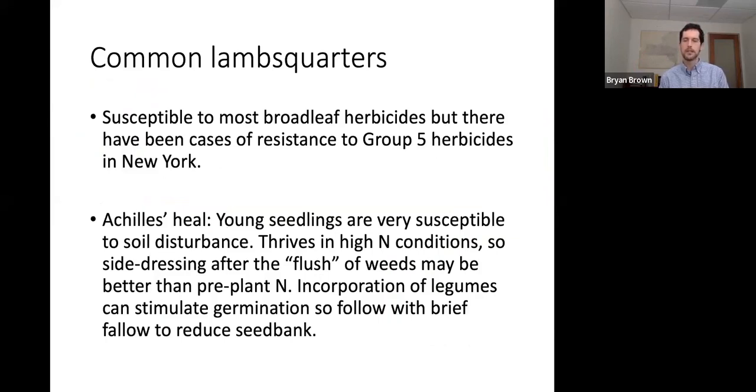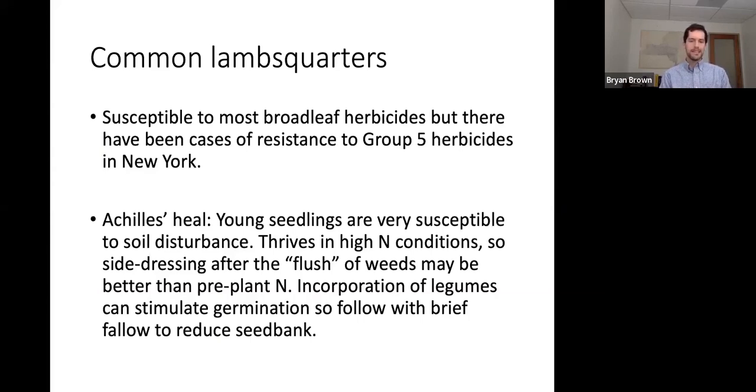I'm going to mention these WSSA numbers quite a bit, and this chart has a lot of the common herbicides and which group number they're in in a really nice color-coded way. So it's a good thing for you to have and maybe even print out and put in the barn.